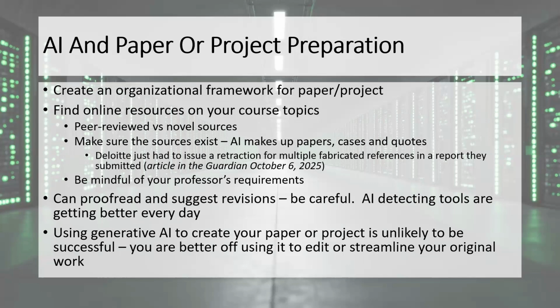So you want to make sure that any of the sources that it actually finds for you really exist. And also be mindful of the faculty requirements for what kind of resources are acceptable. So if it's peer reviewed only or only from certain journals, you definitely want to put those parameters in so that you don't end up with inappropriate resources.